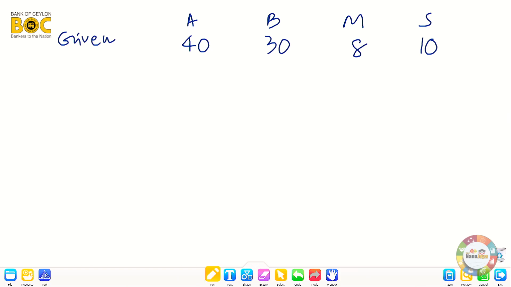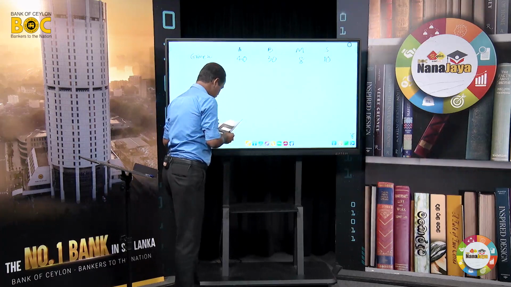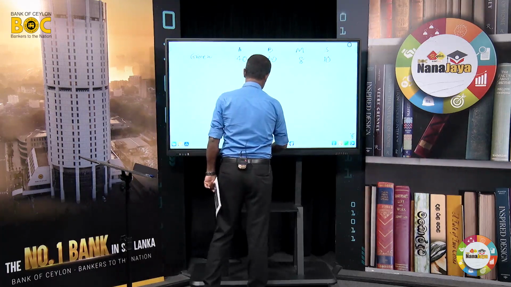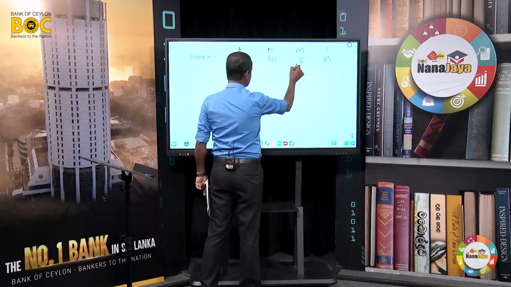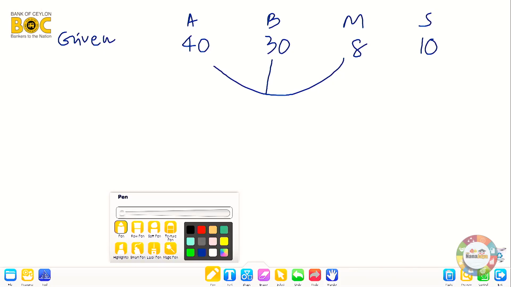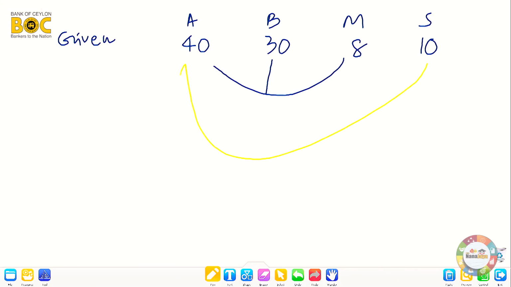The service centers' cost we have to allocate to the production departments. That's what we are going to do now.